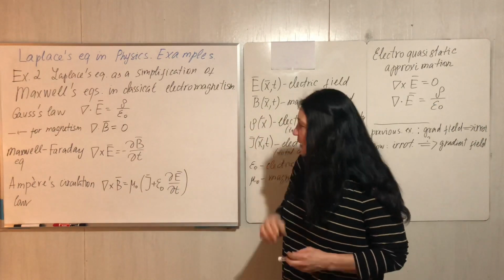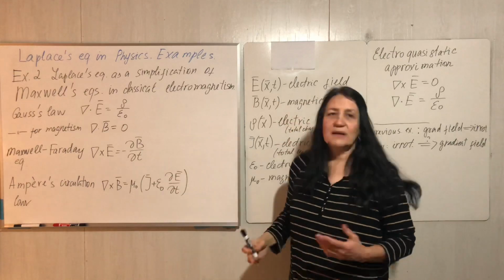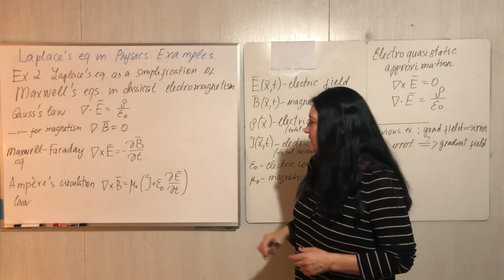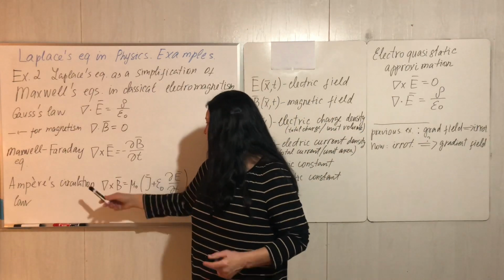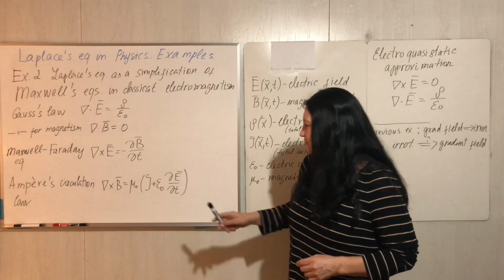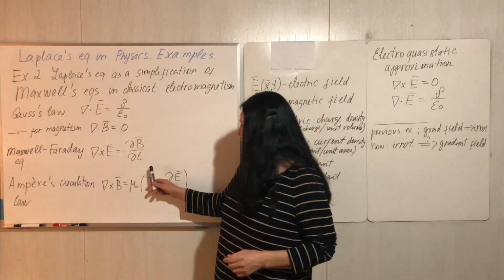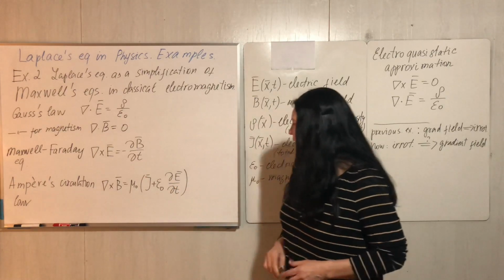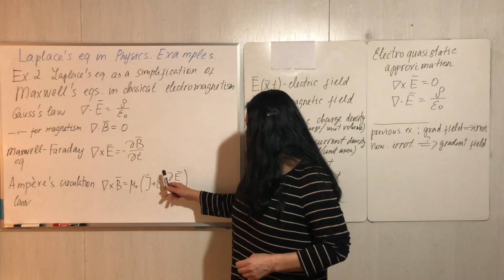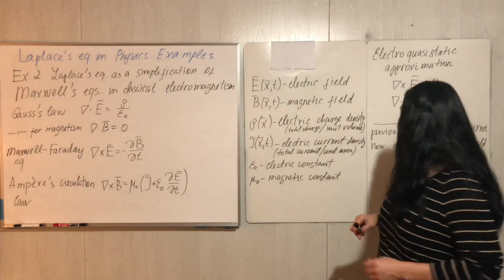The Maxwell-Faraday equation tells us that a time varying magnetic field induces an electric field, and the last equation, Ampere's circulation law, tells us that the magnetic field is induced by current density and change in electric field.